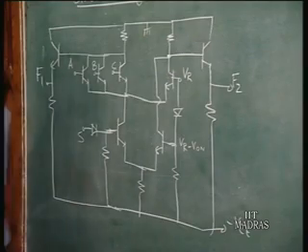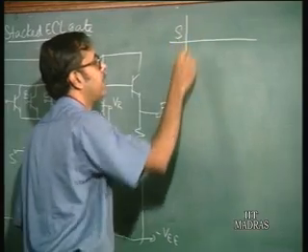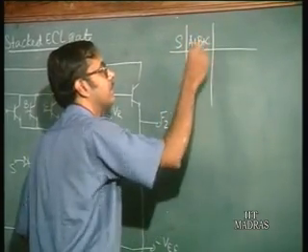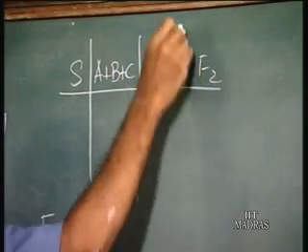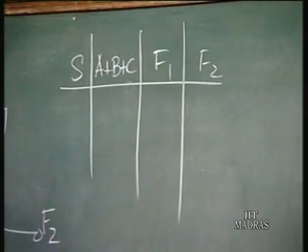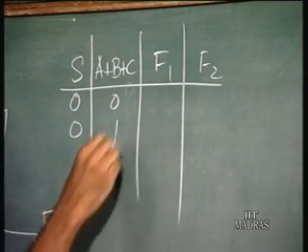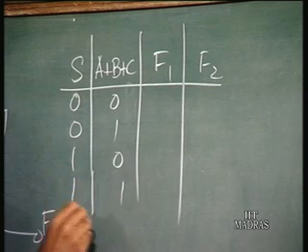We can just write a truth table: S, say, and here A or B or C, and F1 and F2, the outputs. That is S. So you have the 4 possible combinations.